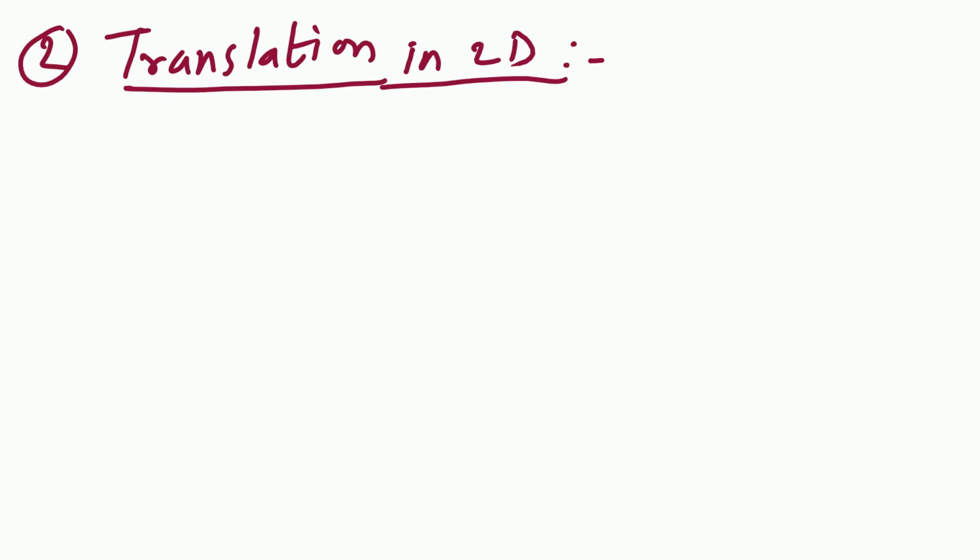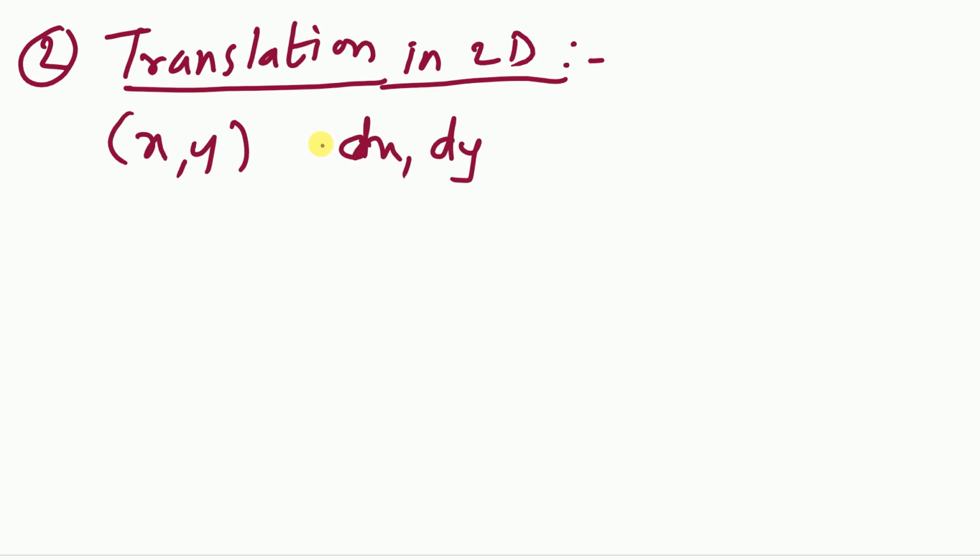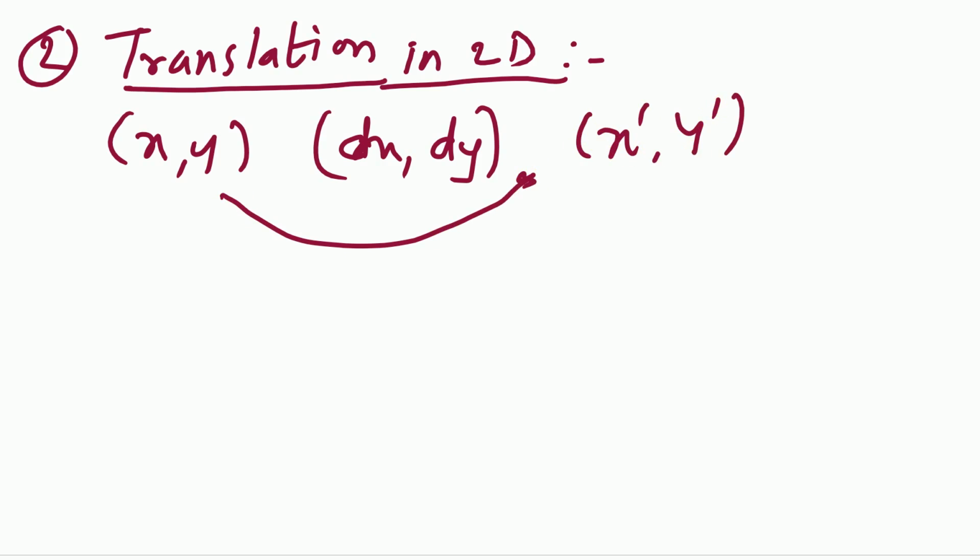Let's consider the second operation, the second geometric transformation, which is known as translation in two-dimensional. So we have an original point at location x and y, and let dx and dy be the new values by which it is to be shifted, and after performing translation, this (x, y) is changed to (x', y'). So the equation of x' is equal to x plus dx, while the equation of y' is equal to y plus dy.